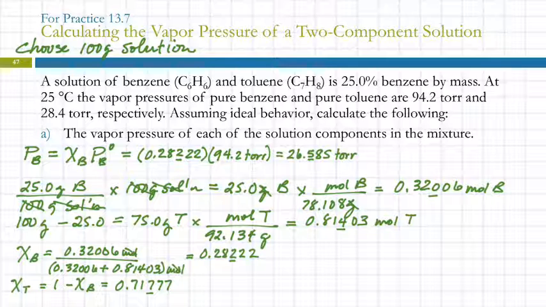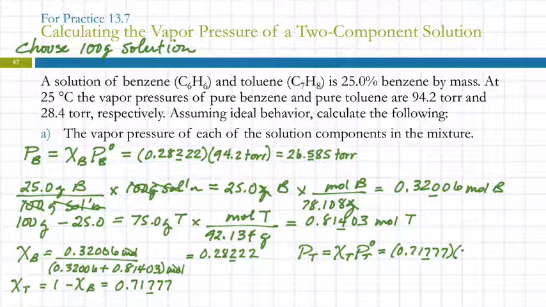and I'll do toluene down here in the corner. The partial pressure of toluene is going to equal the mole fraction of toluene times the vapor pressure of pure toluene. 0.71777 times 28.4. 20.384.